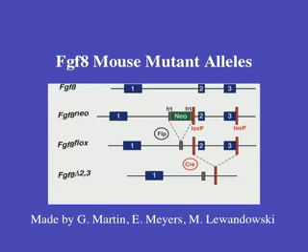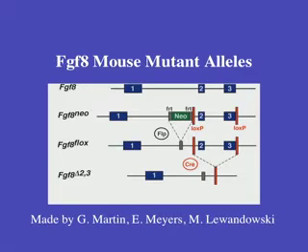We were able to study FGF function in vivo in the mouse thanks to mutations that were made at UCSF by Gail Martin's laboratory by Eric Myers and Mark Lewandowski. And they made an allelic series of the FGF-8 gene in which they introduced changes into the gene that sequentially decrease the amount of expression from it. And just want to introduce the names of some of these alleles.